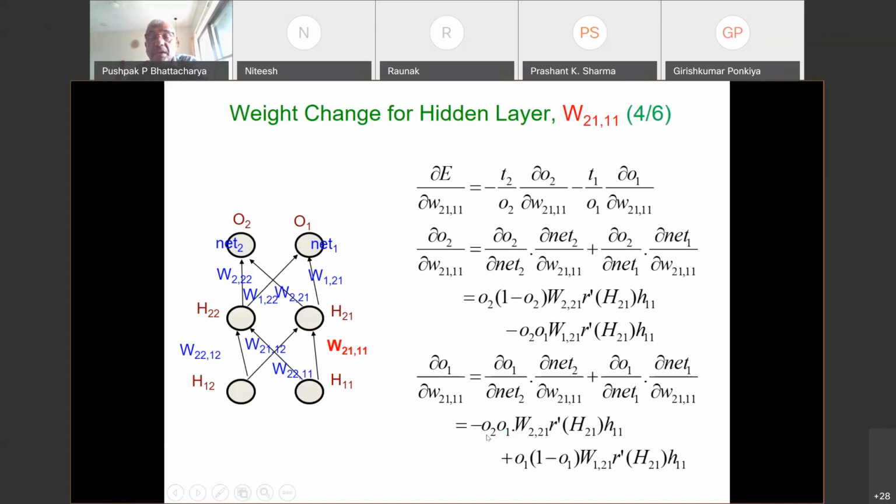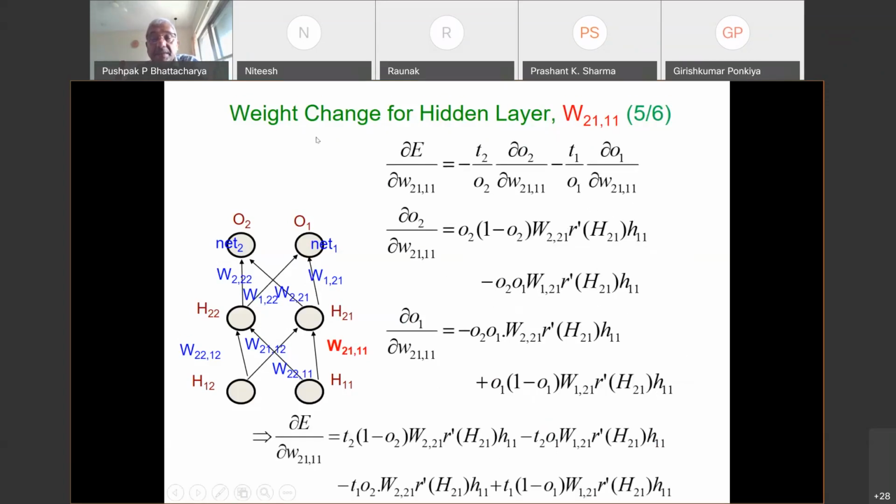Now this O2 will cancel with the denominator O2, O1 will cancel with the denominator O1, and if we do the algebra again, I get delta E by delta W is equal to T2 into 1 minus O2 into the backpropagating weight into the derivative of the ReLU into the input arriving at the connection, minus T2 into O1, backpropagating weight, derivative of the ReLU into the input arriving over the connection, and a similar term.